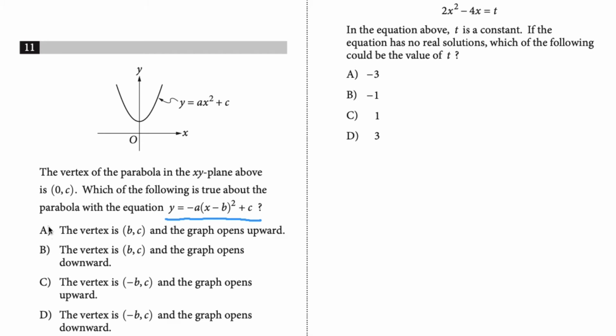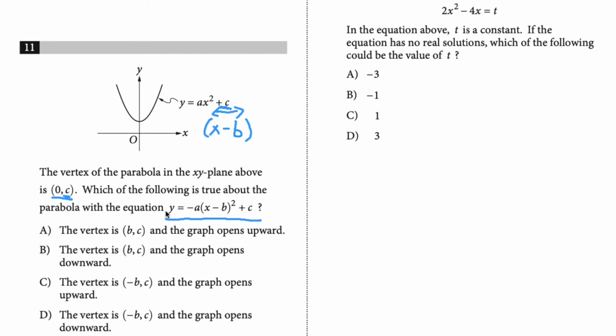So all the answer choices talk about a vertex and which way the graph opens up. Here, the reason why the vertex is 0, c is because there is no b next to x to provide a horizontal shift. And the y value, the vertical shift, is c, which is this plus c.